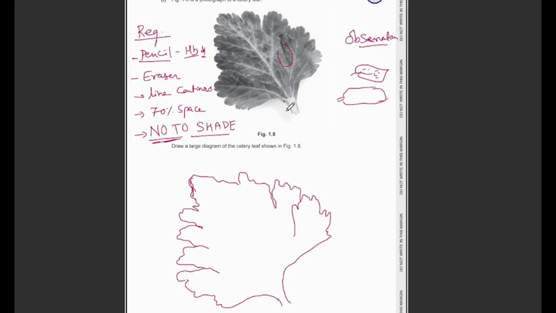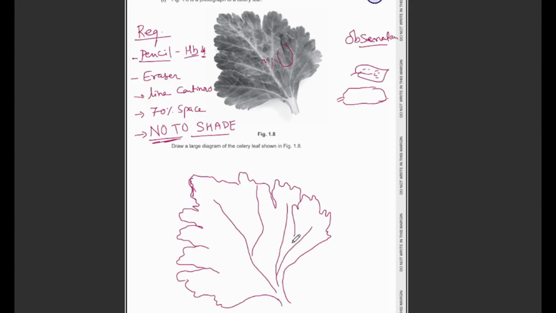Now let's see the origin of veins. So one vein goes directly to this part, then this is the first central vein, then we have a vein on this way, which is showing to this. Then we have one more vein which goes in this direction.